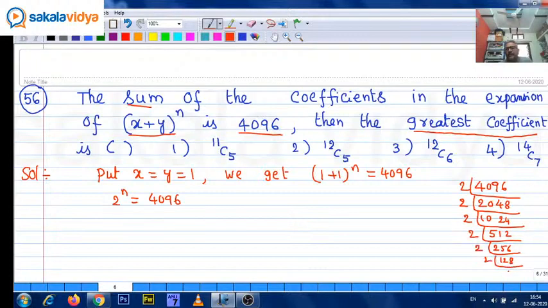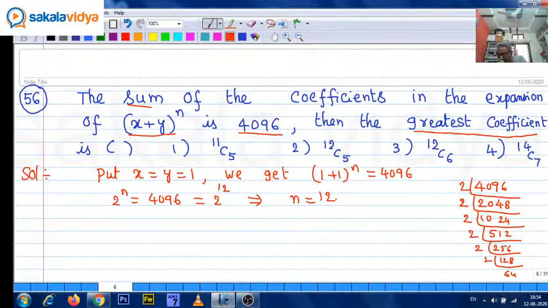2 into 64. Okay, this we can write now 1, 2, 3, 4, 5, 6, 2 power 6, this is 2 power 6. 2 power 12 you can write. So that means n equals 12.